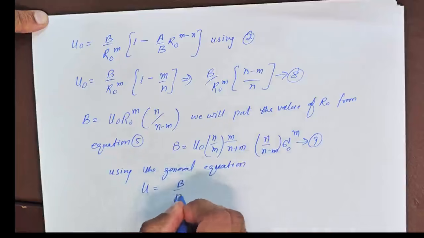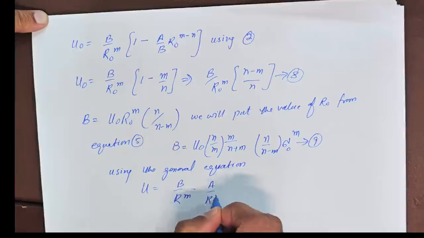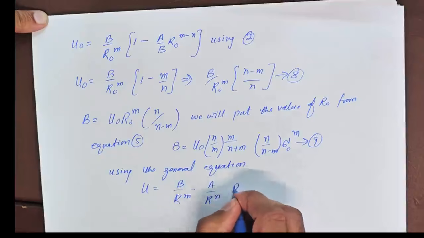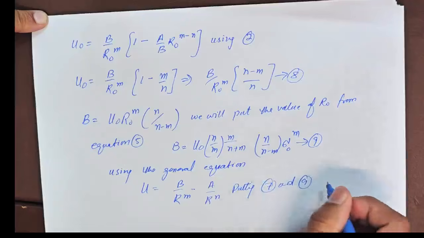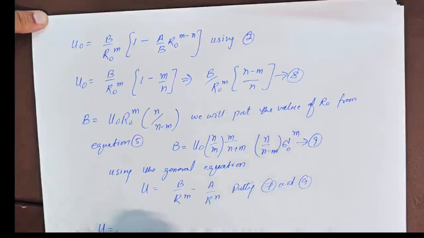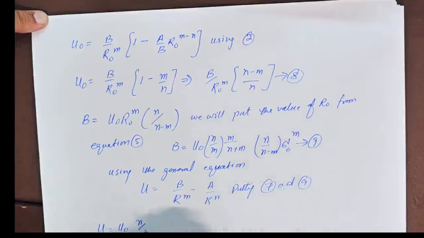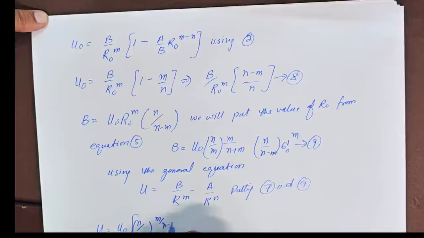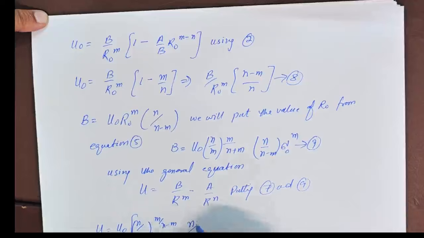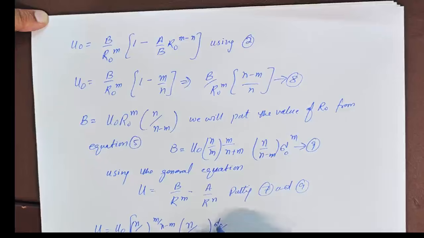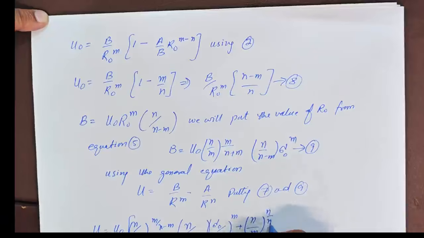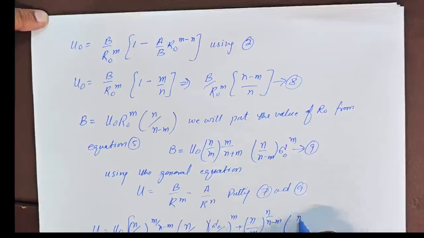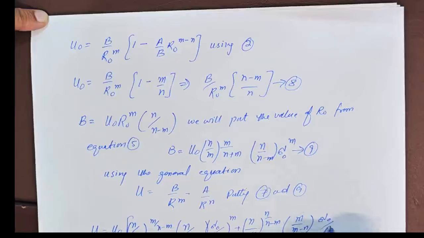Using the general equation, the potential is B by r to the power m minus A divided by r to the power n. Putting equations 7 and 9 in this general equation, the u will be equal to u naught, n by m, n minus m, sigma naught divided by r to the power m, plus n by m into m minus n, sigma naught by r to the power n.